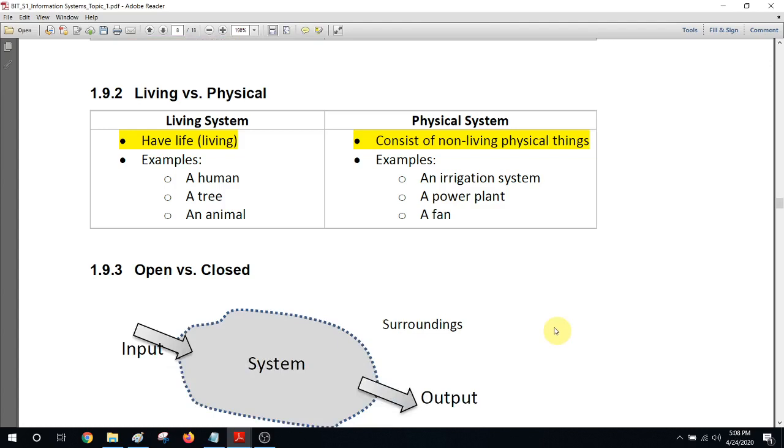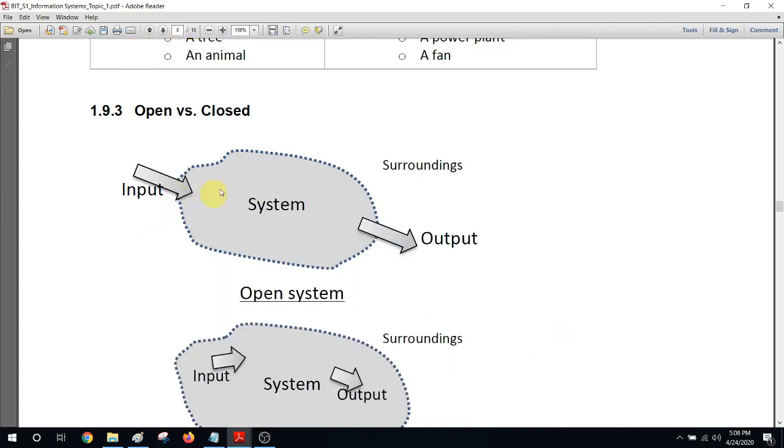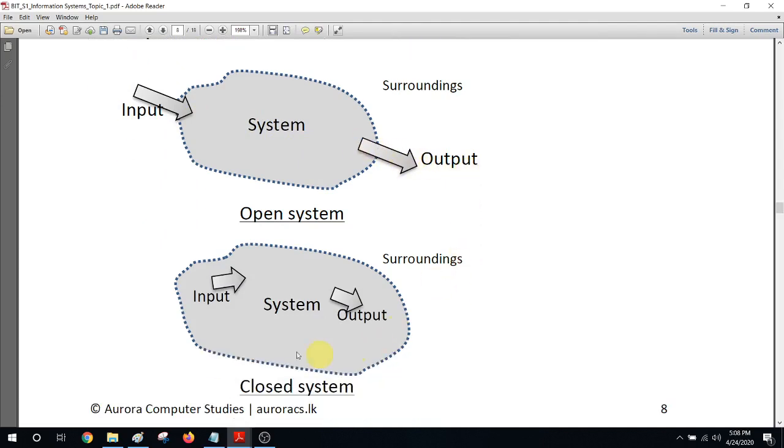The third classification is more important for us, that is open system versus closed system. Basically, an open system is a system where the input might come from outside and the output might go to the outside. Closed systems are systems where input and output are also within the system.